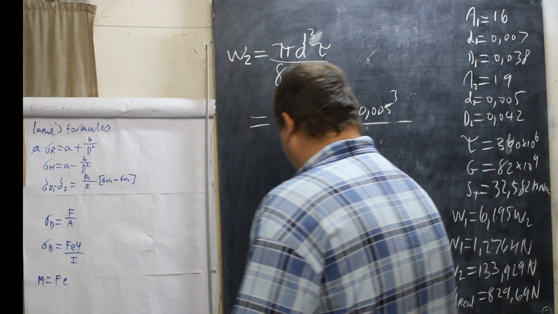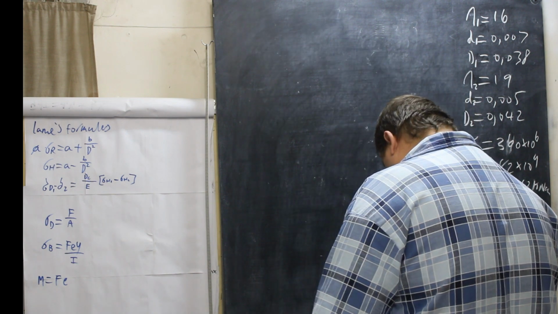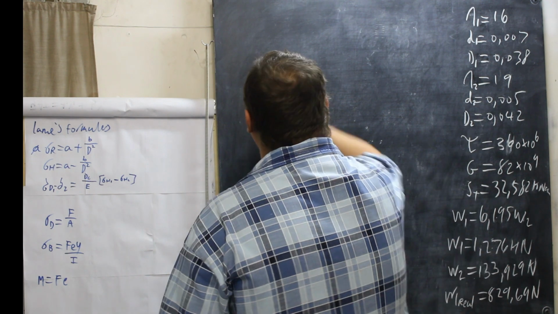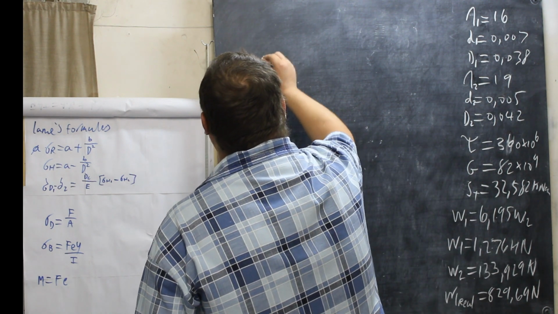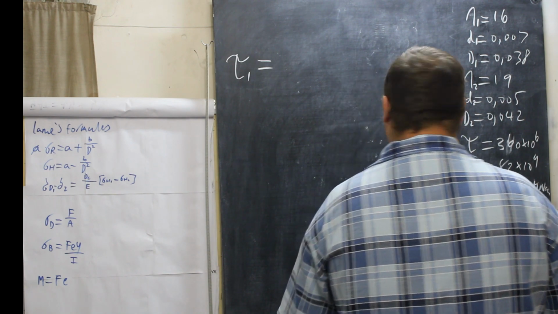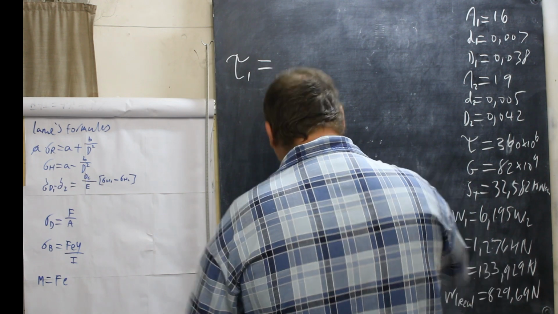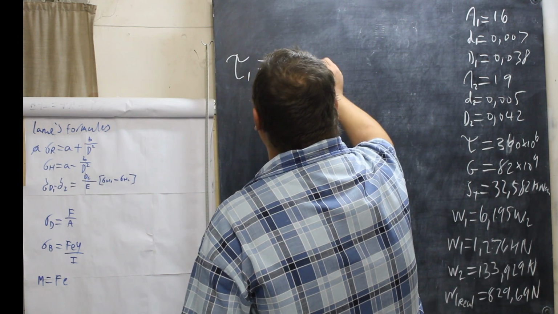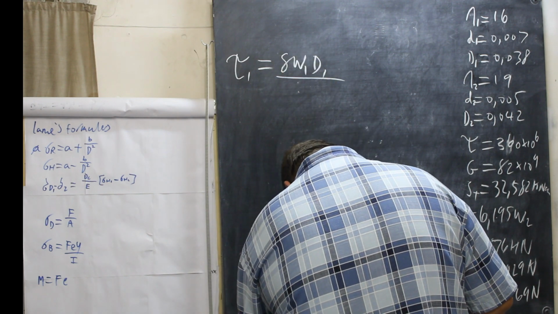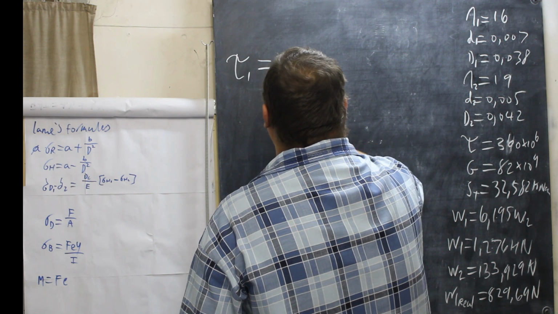Alright, next question. We have answered this question, now the next one. Now question number 3. The stress in each one. So tau 1, because tau 2 is 360 megapascals. Now tau 1 is 8 W1 D1 over pi D1 to the power 3.